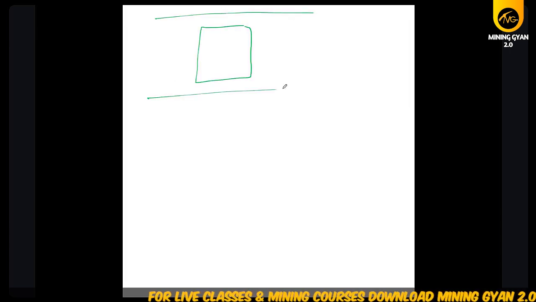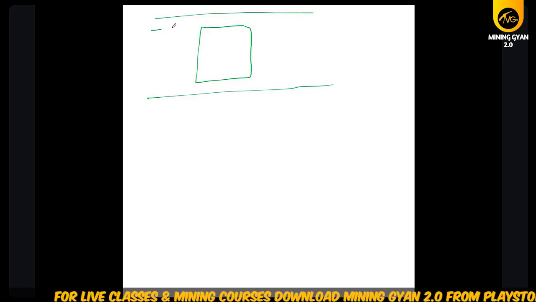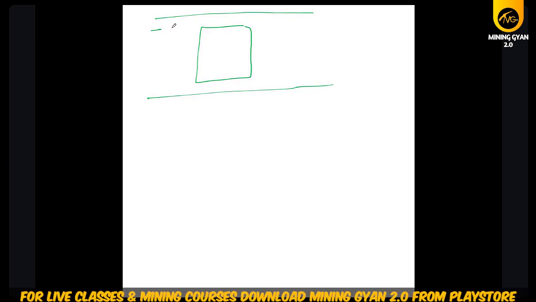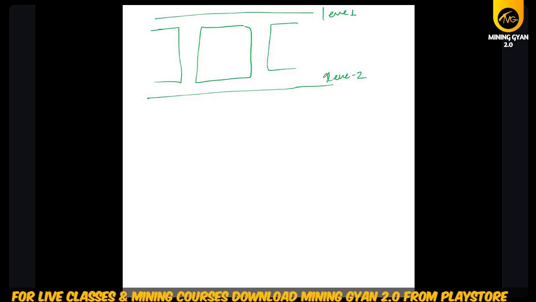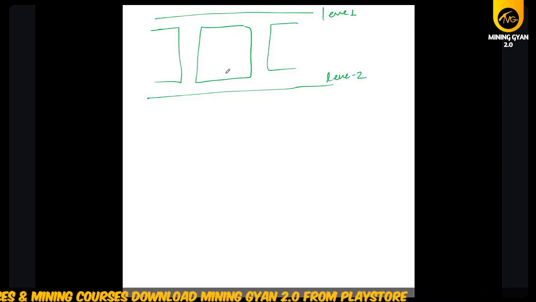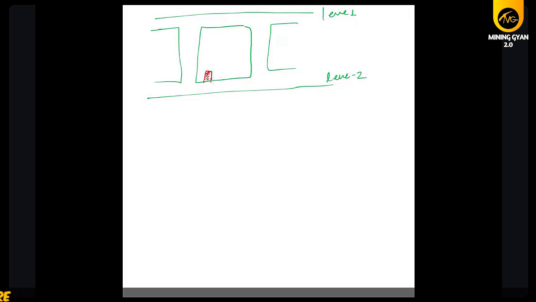So suppose you have created this stope, this is your level 2, and this is another stope, this is another stope, this is level 1, this is level 2. Bottom level, top level, you can say whatever you want. So in this stope you will extract this and go alternately. You leave this one, extract this, leave this one, extract this.